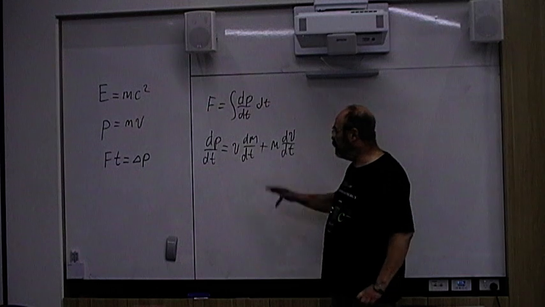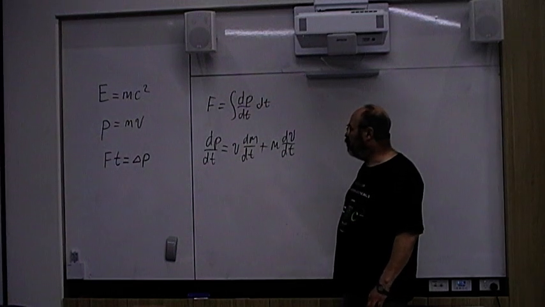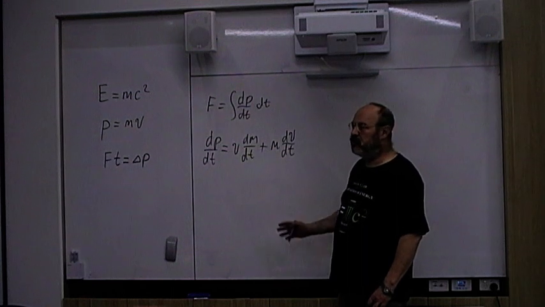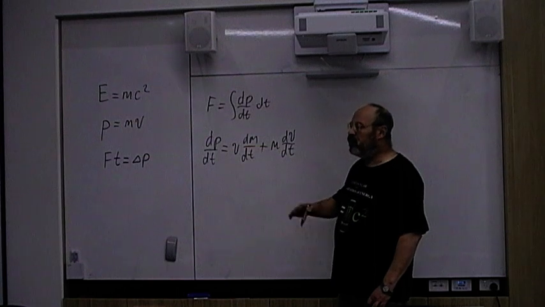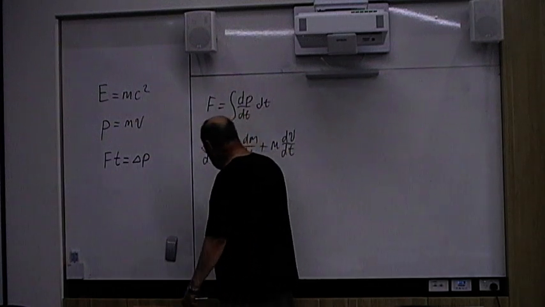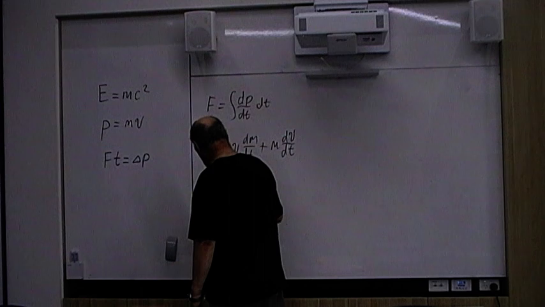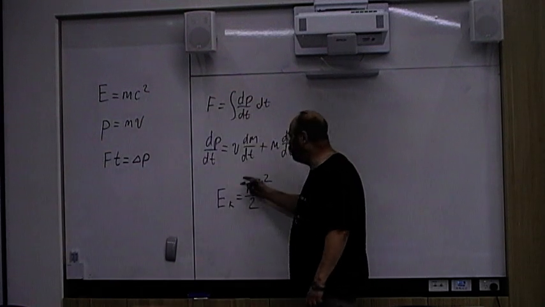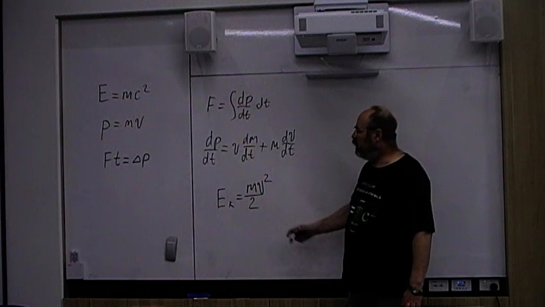Considering objects moving slowly, we can get the formula for kinetic energy that we have in Newtonian mechanics, mv squared over 2.